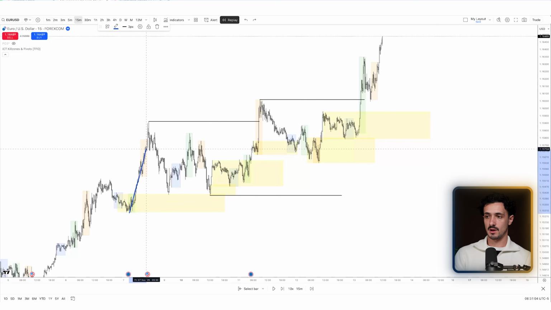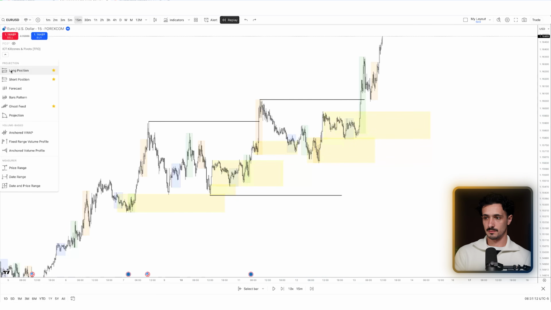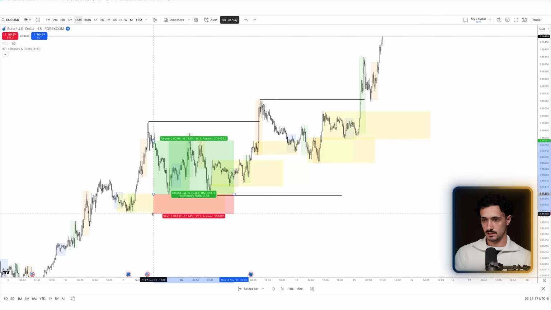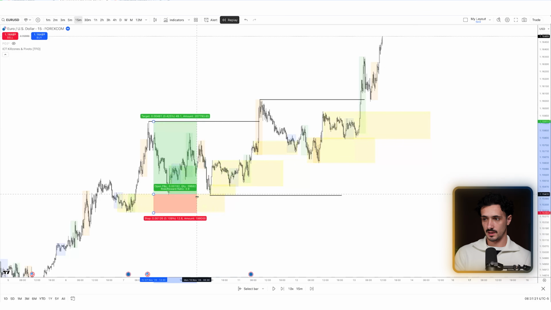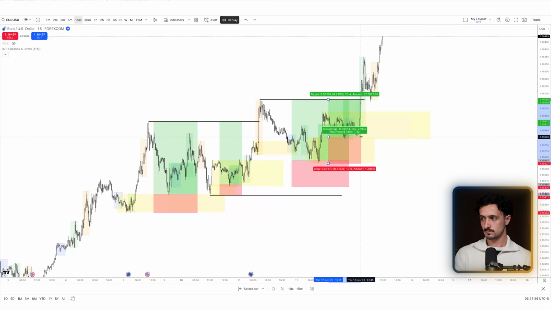Instead of just understanding market structure, it's like, okay, sure, I understand market structure, but where do I take trades from? In this instance, for example, you have your range expansion. You can just take trades off the back of this and target that high. All you're doing is trading market structure with supply and demand, which is just range expansion.